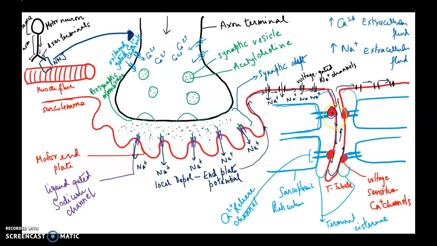And as they change shape, that opens up the calcium release channels. So these calcium release channels that are associated with the sarcoplasmic reticulum open up, and guess what? Calcium is released into the sarcoplasm. So now we have calcium coming out of the sarcoplasmic reticulum, and we have so much calcium floating in the sarcoplasm.